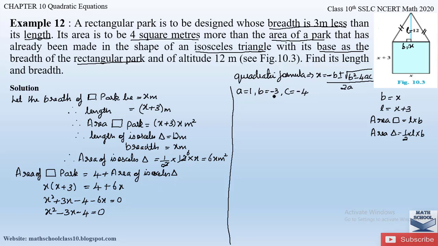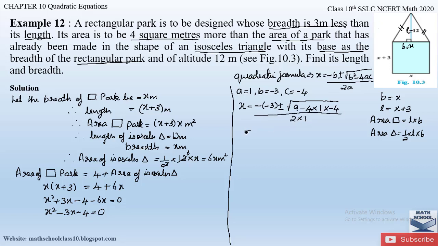Now substituting the a, b and c values in this quadratic formula, we will get x is equal to minus of, what is the b value? It is minus 3, plus or minus square root of b square. Square means minus 3 square is 3 3s are 9, minus 4 into a is 1, and c value again minus 4, divided by 2 into a value is 1.